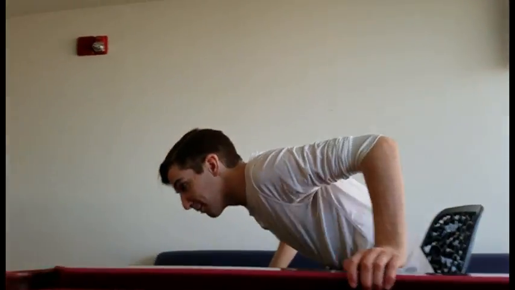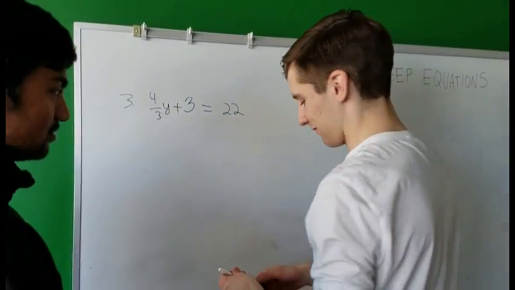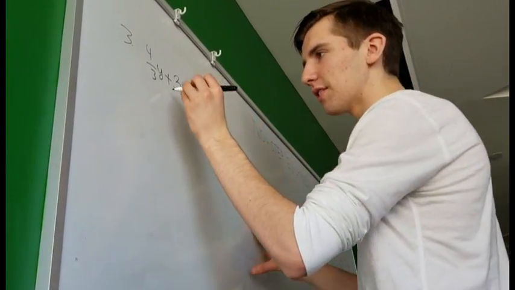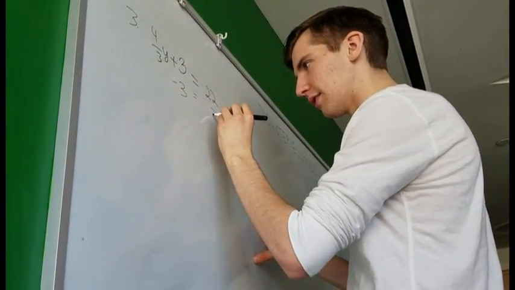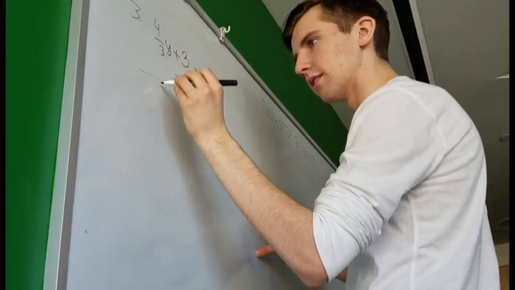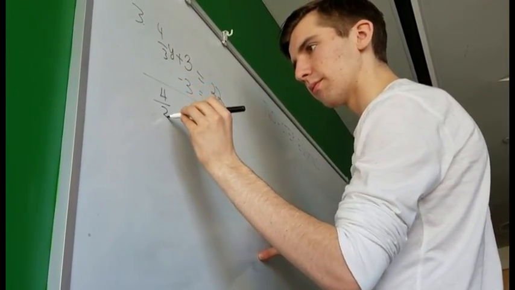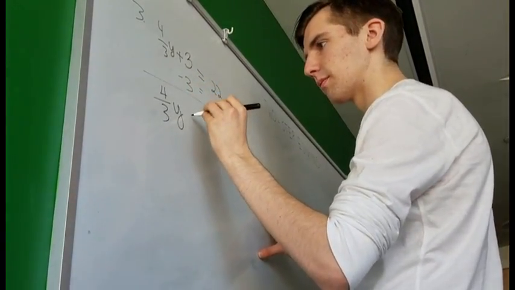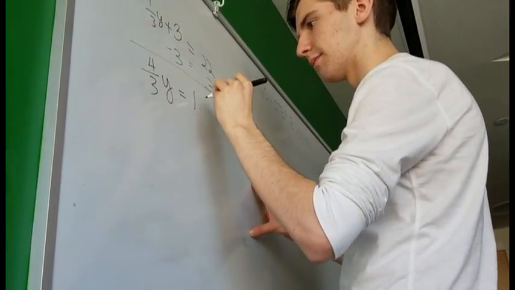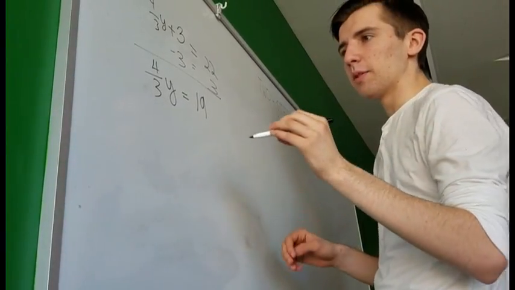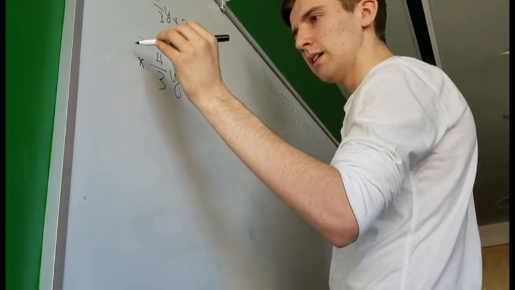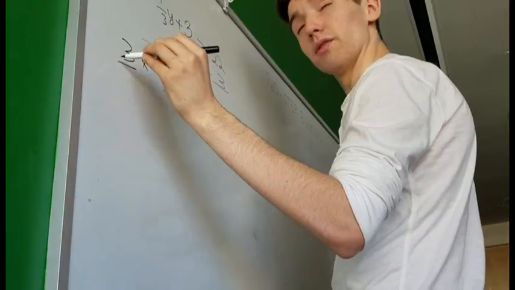So Justin's going to help us solve this next problem. So you come up, Justin. There you go. Okay, so first I subtract 3 from both sides. That's correct. All right, and then I'm gonna multiply by 3/4?